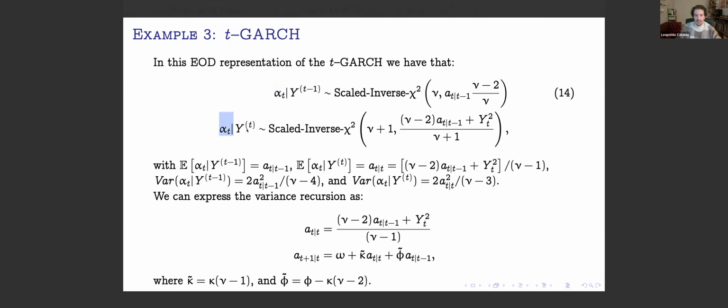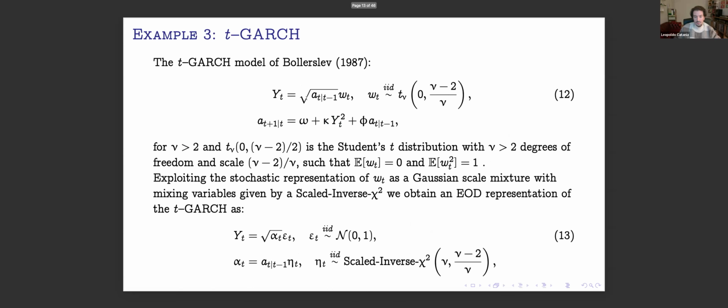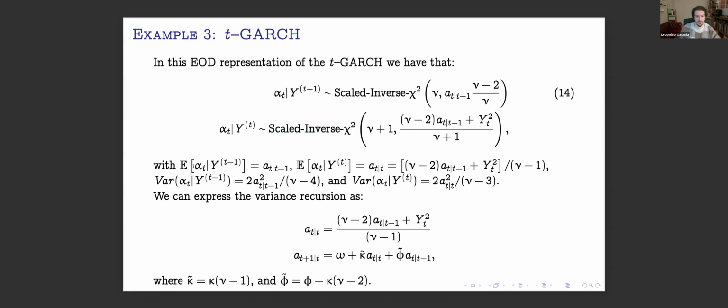And the state filtered density is also scale inverse chi-square. This is a result of the conjugacy of the scale inverse chi-square with the Gaussian distribution. And so we have these distributions. We can compute everything. So, for example, the predictive mean, the filtered mean, predictive variance, and filtered variance of the state variable.